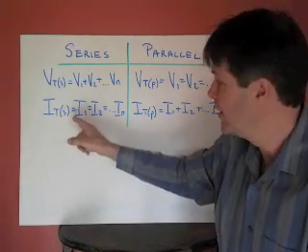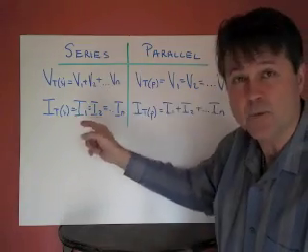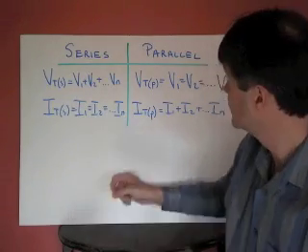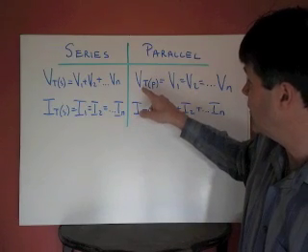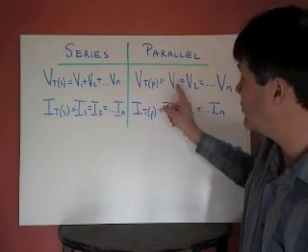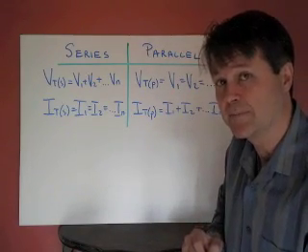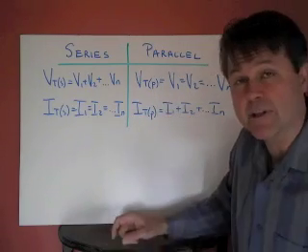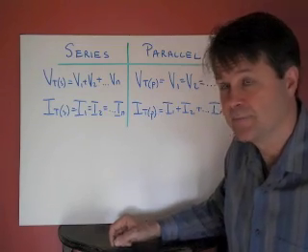The current through each individual light bulb in a series circuit will be whatever the current is coming out of that battery. In a parallel system, however, the voltage coming out of the battery is going to be equal to the voltage across each light bulb in that circuit. However, the current adds up to the total current coming out of that battery.